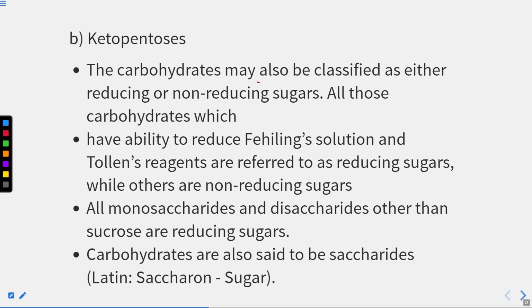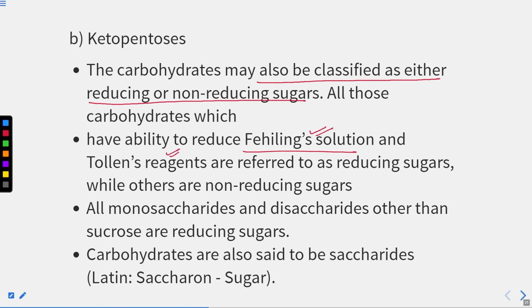Carbohydrates may also be classified as either reducing or non-reducing sugars. All carbohydrates which have the ability to reduce Fehling's solution and Tollens reagent are referred to as reducing sugars.